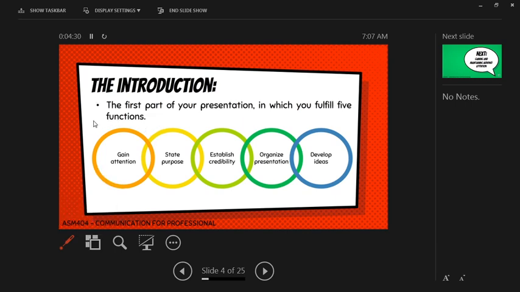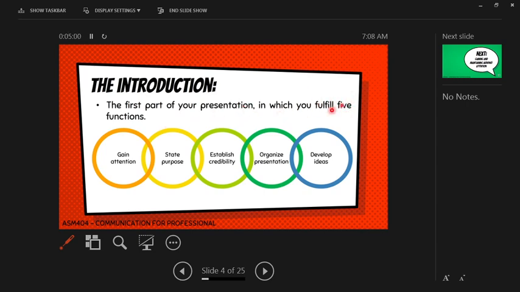You just carry along. Okay, the introduction class is the first part of your presentation in which you fulfill 5 function. Ingat ya, bila you nak buat presentation nanti, introduction merupakan apa? Introduction merupakan satu bahagian yang pertama dalam presentation kita. Dan dalam kita membuat introduction, semasa presentation nanti, kita perlu penuhi 5 fungsi.